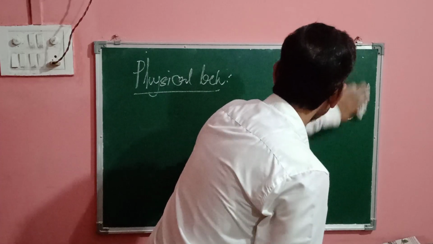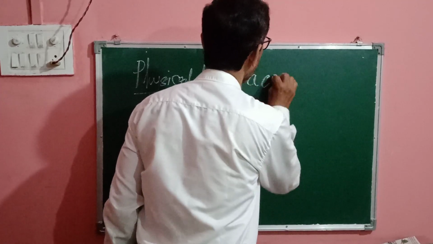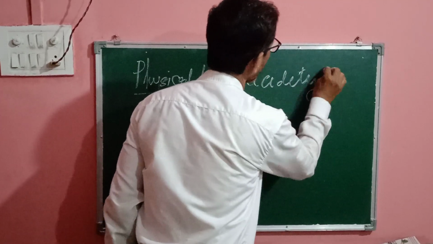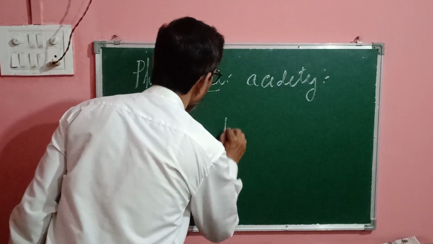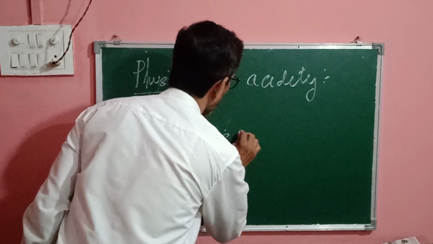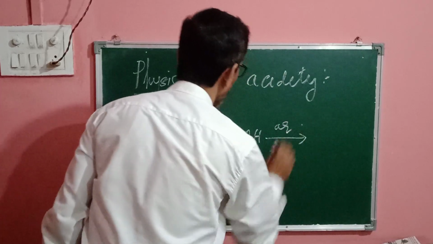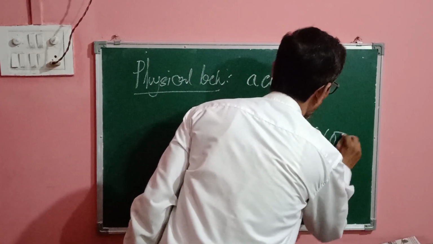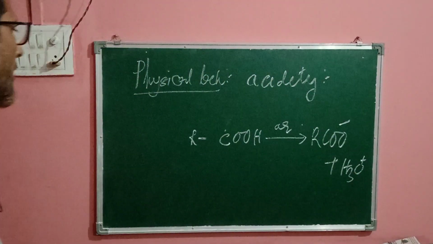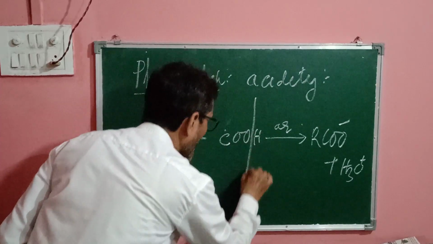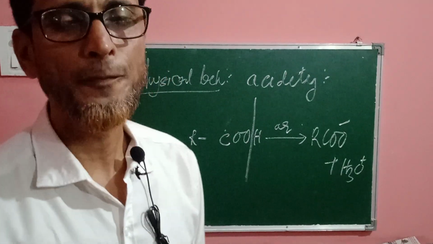So now let us explain the acidity. Since the chapter is on carboxylic acid, what is acidity? Let us explain. Say RCOOH in water, aqueous solvent. A species or substance is acidic only when it can release hydrogen as proton.